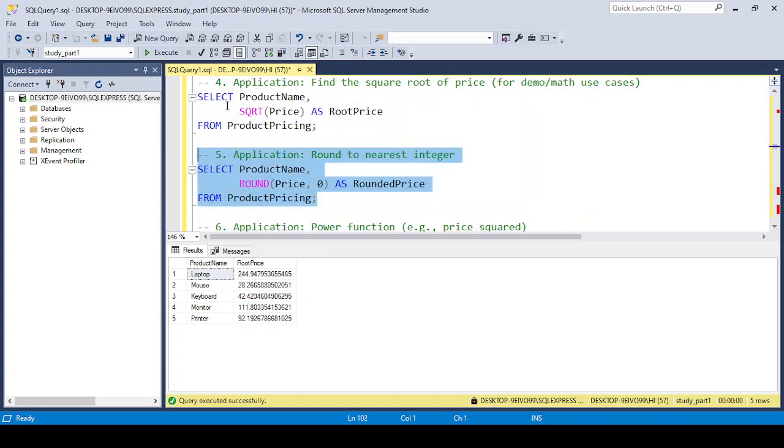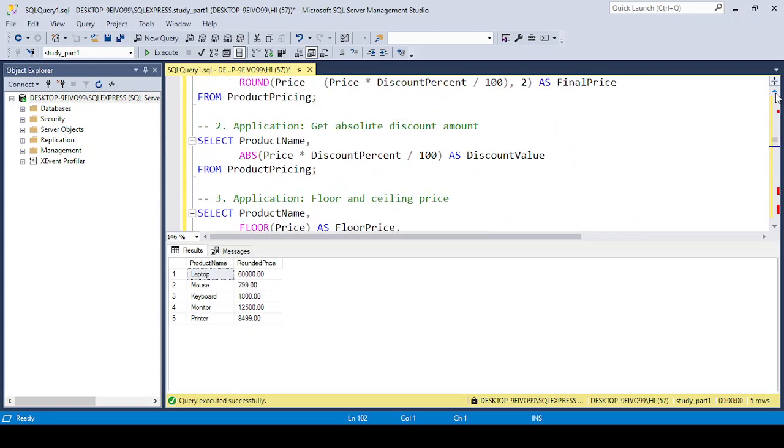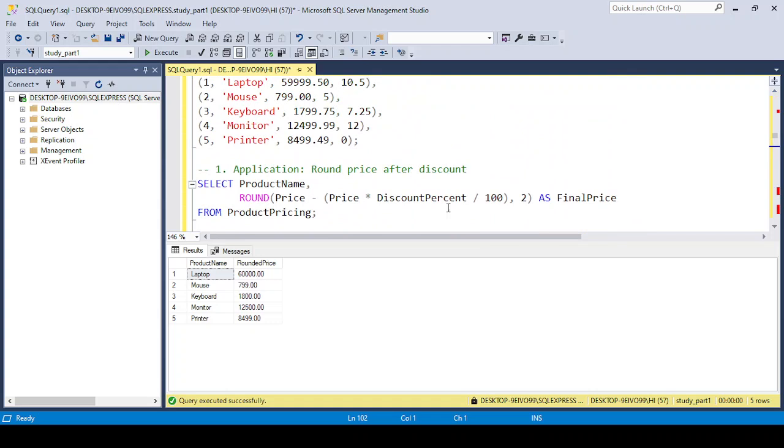If we round up the price to the nearest integer, then for the first value, whatever is less than 0.5 goes as the previous number, whatever is more than 0.5 goes as the higher number. So if you see this 4.49, and let us see this 0.5, anything 0.49 and below will be 8499, 0.5 and above will be the next higher value.